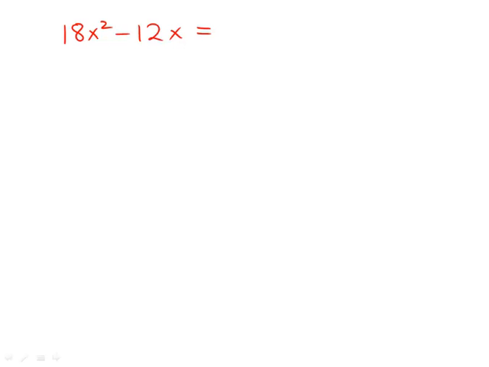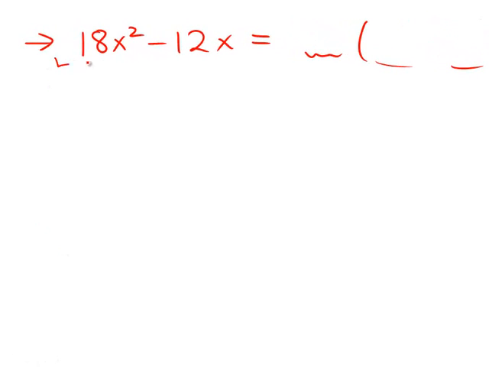So how do we go back into factored form? If we are only given the expanded form of 18x squared minus 12x, how do we get back into something times two terms? We've got two terms, so we have to keep two terms. Well, let's break this down and see what's in the first term.